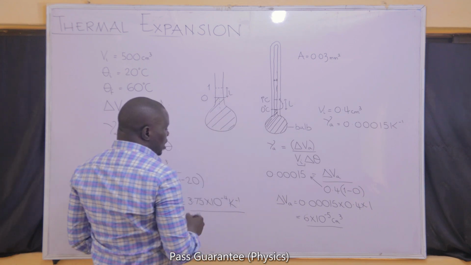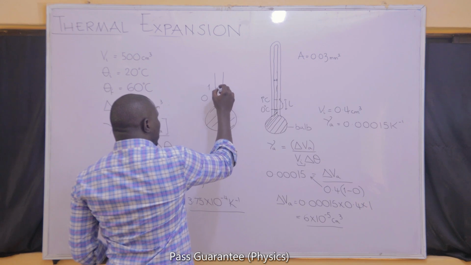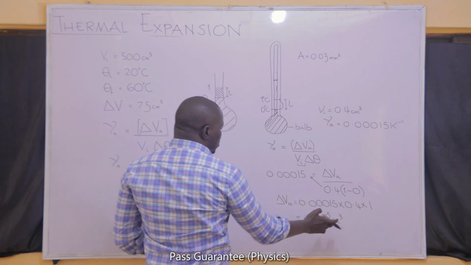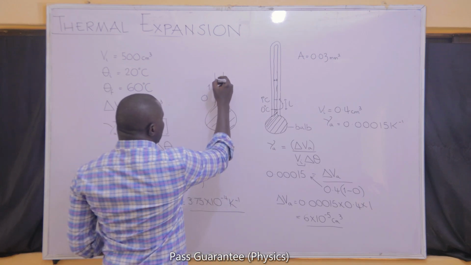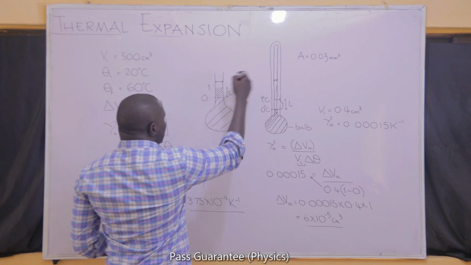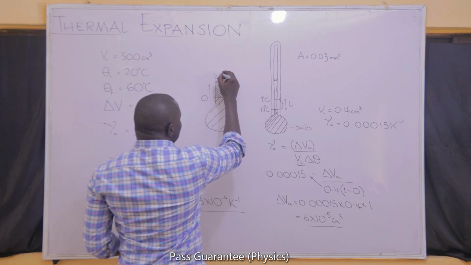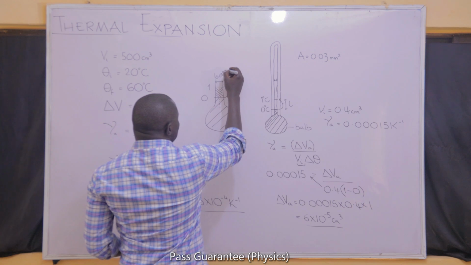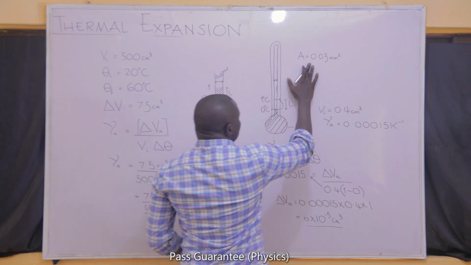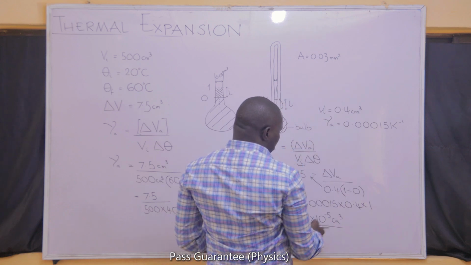We've just calculated the change in volume that will be expected: 6 times 10 raised to the power minus 5. And we know the cross-sectional area of that stem to be 0.03 millimeters squared.